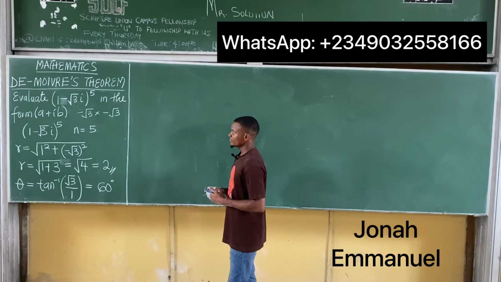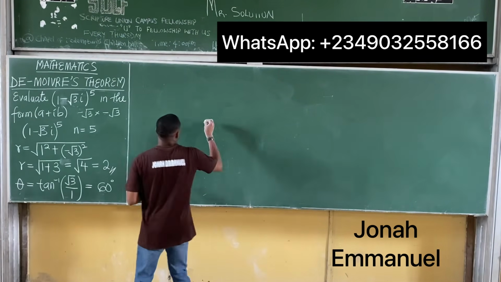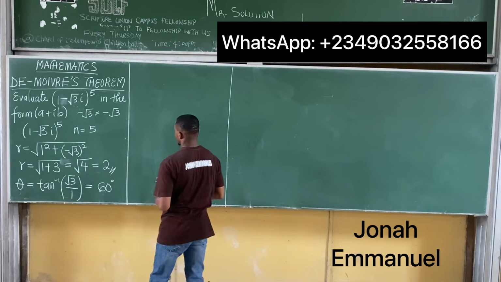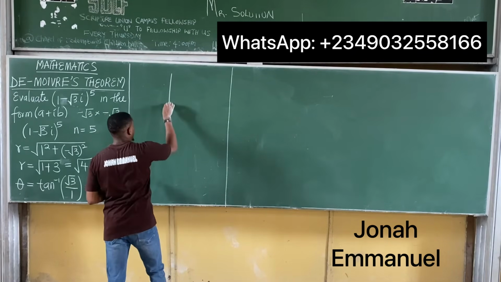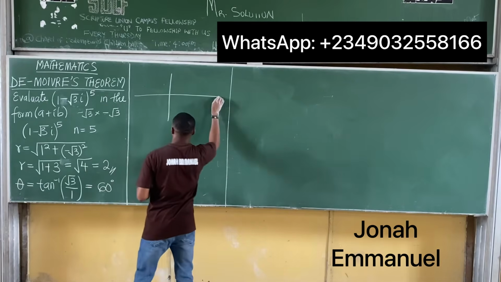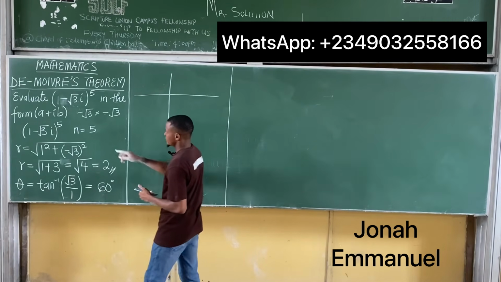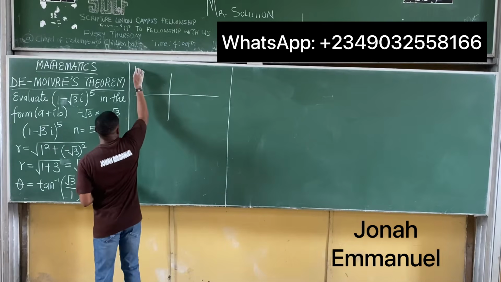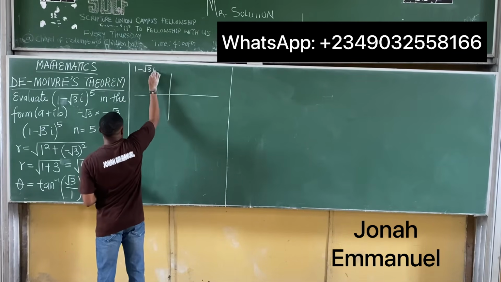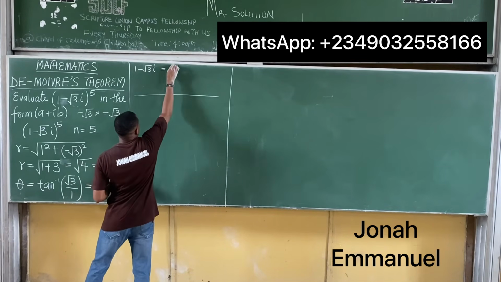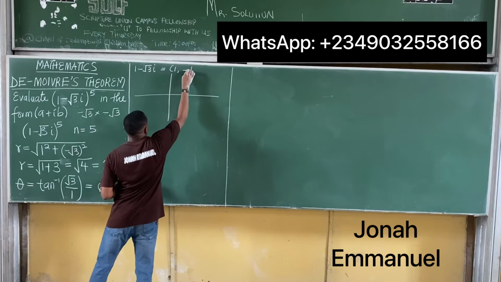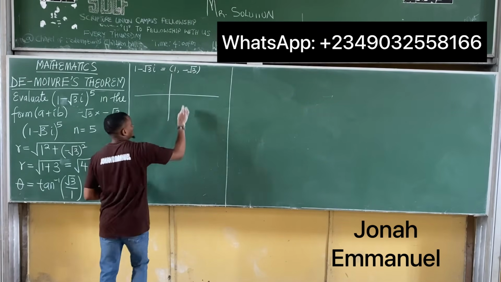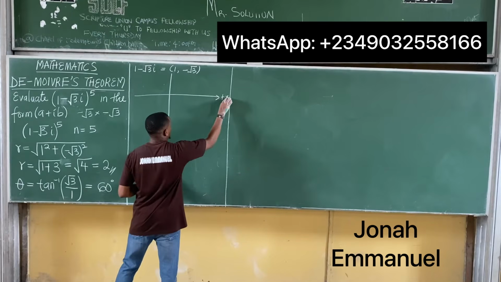So let's get the real value of theta. What will it be? Let's see this. As explained in our previous class, we said you have this from the Argand diagram. So 1 minus root 3i will be equal to 1 and minus root 3 here. So that's positive x, negative i. Positive x, that's here.